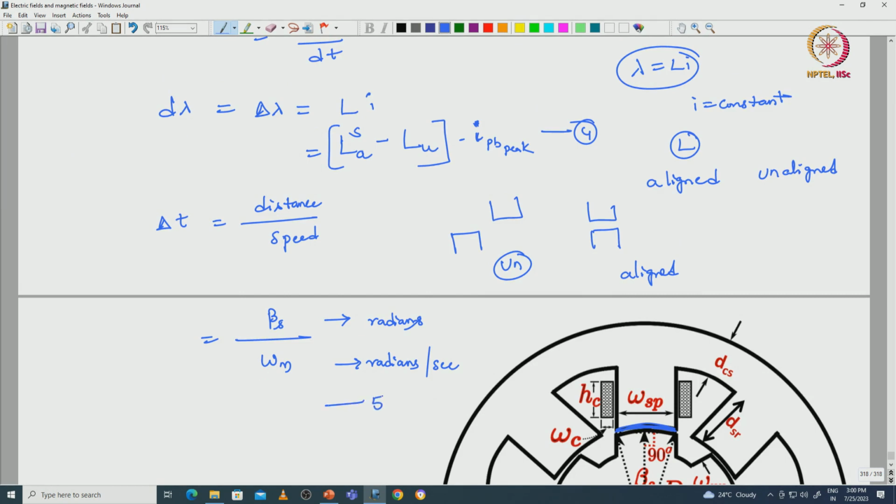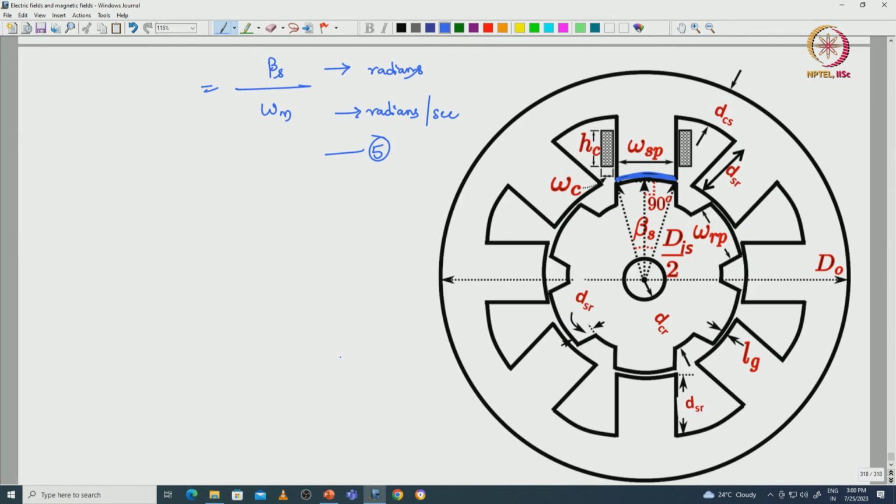From equations 4 and 5 we can get the voltage equation. V is equal to La, the inductance with respect to the aligned position and saturated condition, minus the inductance with respect to the unaligned condition, into current, divided by beta s by omega m.